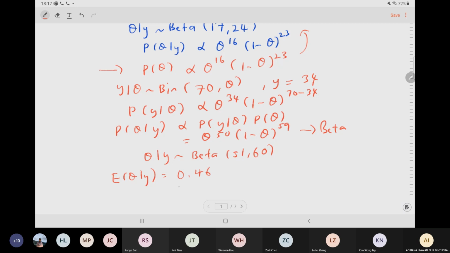Okay, and then the 95% credible interval is around 0.37 and 0.55. If you compare it to your old mean and the old credible interval, before we updated your data, the old mean, from your previous example, was actually 0.42.